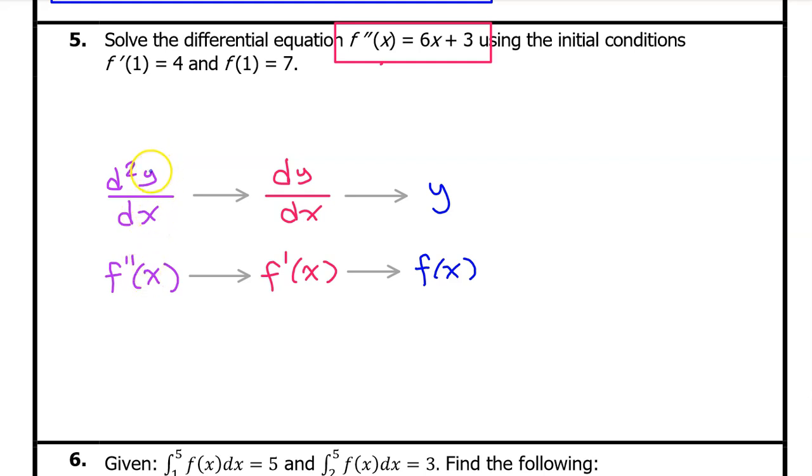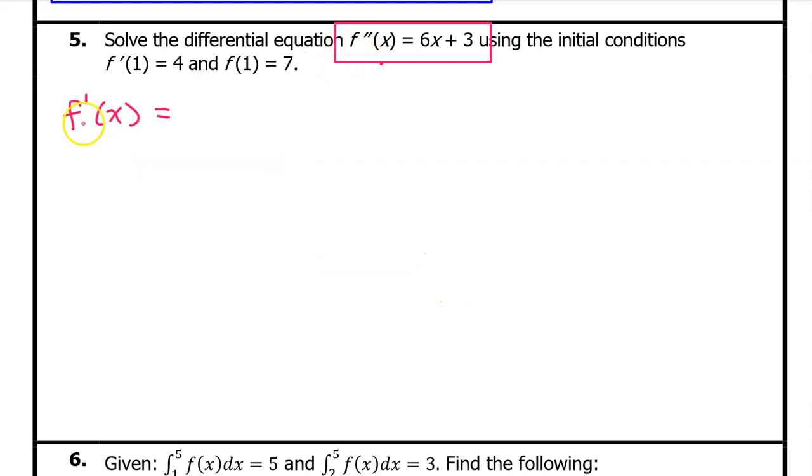So in order to solve the equation, you first have to turn the second derivative into the first derivative. And then you can go ahead and solve by turning the first derivative into just y, or just f of x. In this case, we can find an expression for f prime by taking the antiderivative of both sides of this equation.